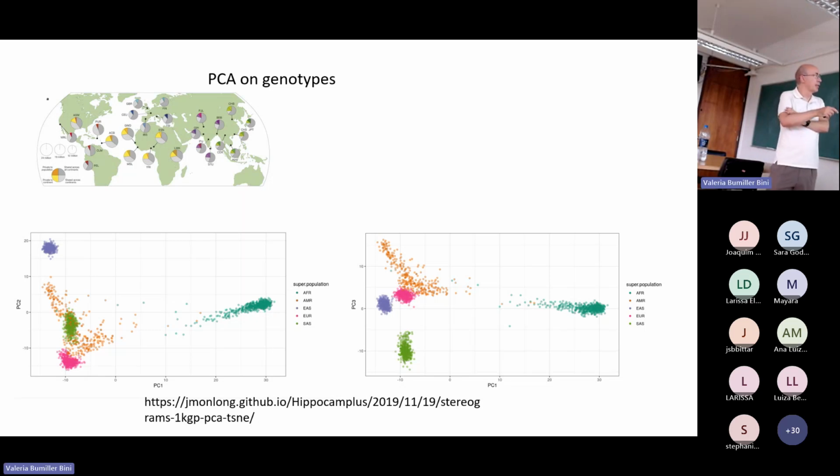So this is the superpopulations of a 1,000 Genomes dataset, 1,000 Genomes database, and you see this usual triangle in which these magenta dots are Europeans.